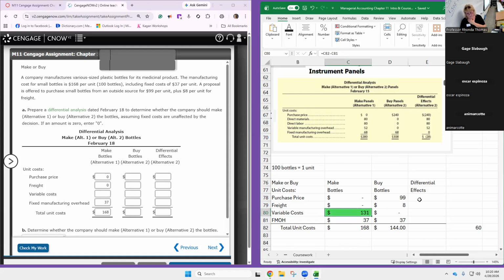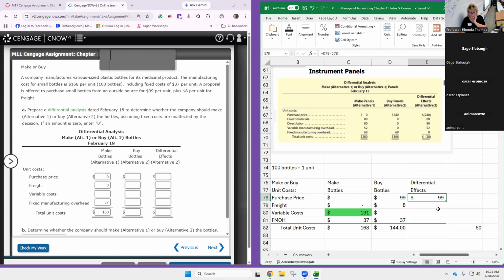Now we want the effects, right? We want to take the second alternative and then subtract the bottles that we're making to find our differential. So let's take this and subtract 0, and we should have 99. We do.